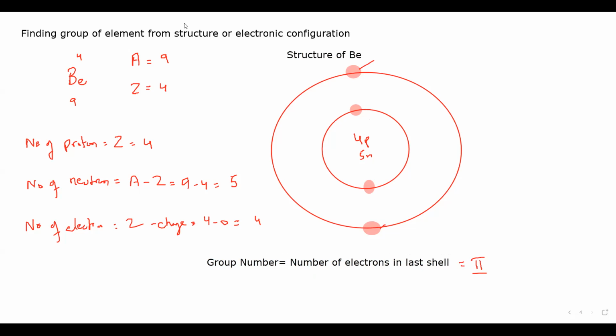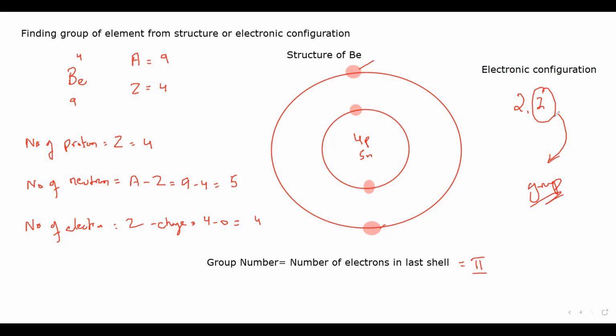And when I write the electronic configuration, using an electronic configuration, we can also work out the group number. So if I say electronic configuration is 2, 2, so this 2 is representing the group because that is the number of electrons in the last shell.